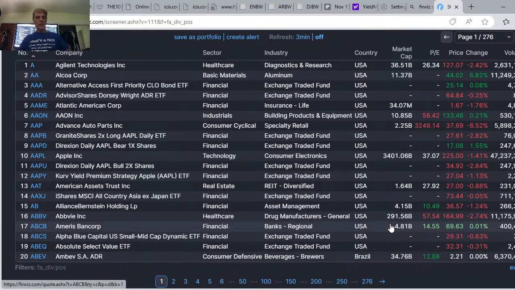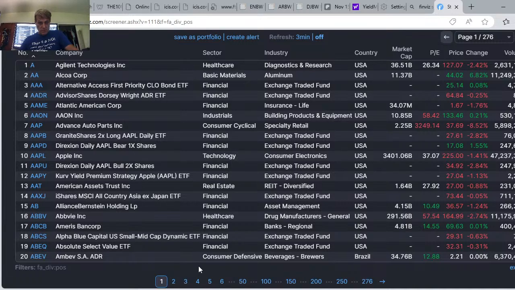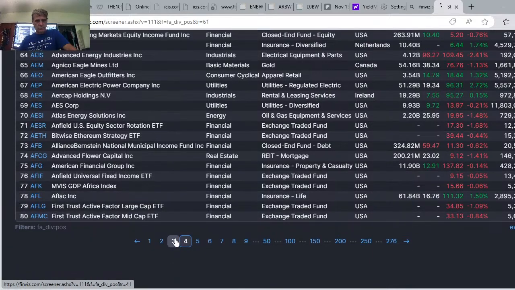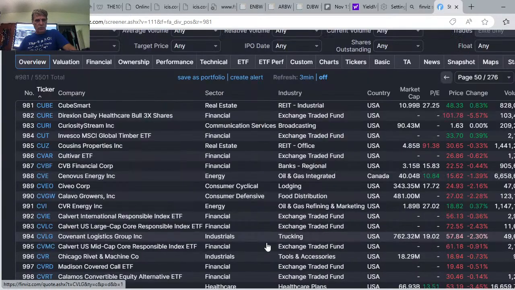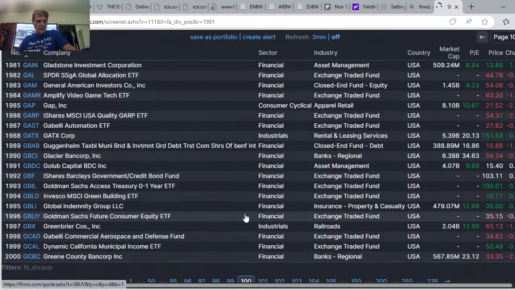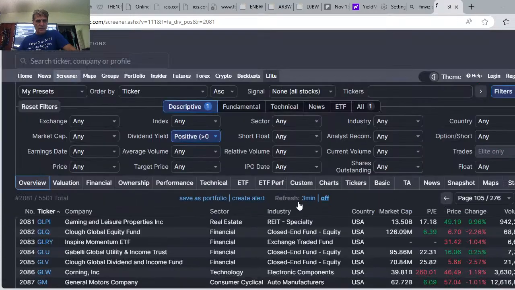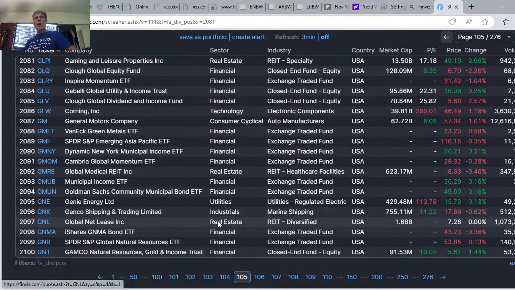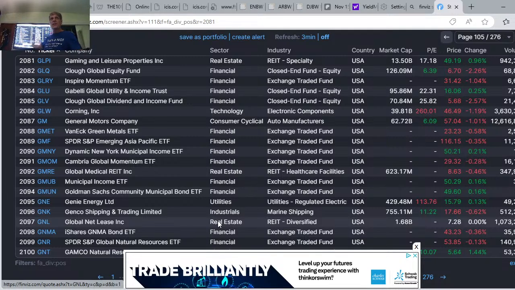That's 1 through 20. Here's 40 through 80. But look, all over the place. The S's and the C's. There's the G's. It's a lot of companies, and they all pay a dividend.